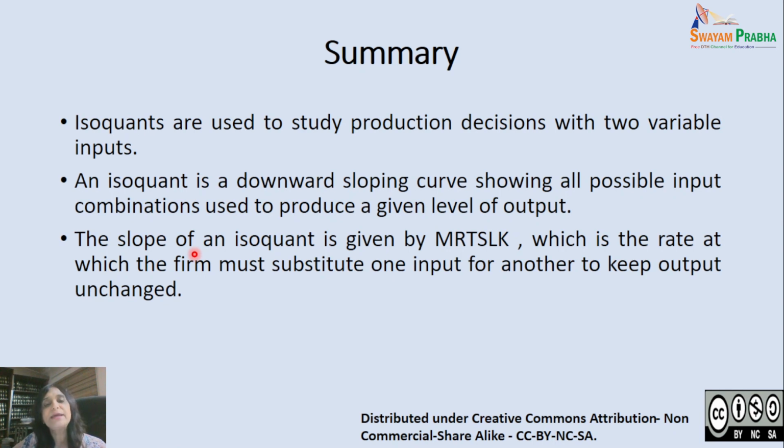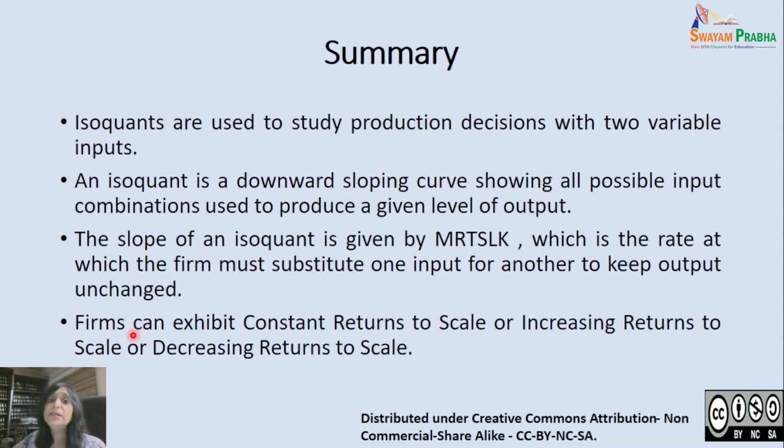Many times we write MRTS equals MPL upon MPK. A firm in returns to scale can exhibit constant returns to scale, increasing returns to scale, or decreasing returns to scale. So these are the 3 types of returns to scale which a firm may exhibit.